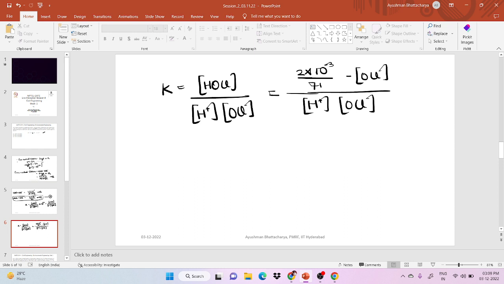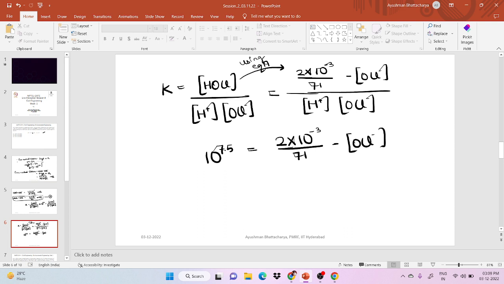So now we know the value of K. In the question it is given as 10 to the power 7.5. Here basically we substituted the value of HOCl using equation A. Now 10 to the power 7.5, which is the value of K, is equal to (2 × 10^-3/71 - OCl-) divided by H+ times OCl-.